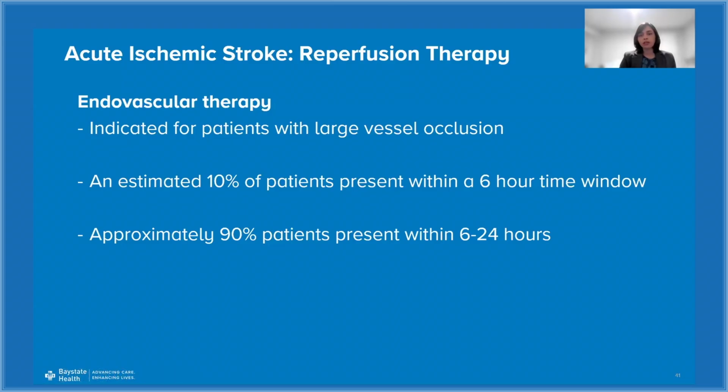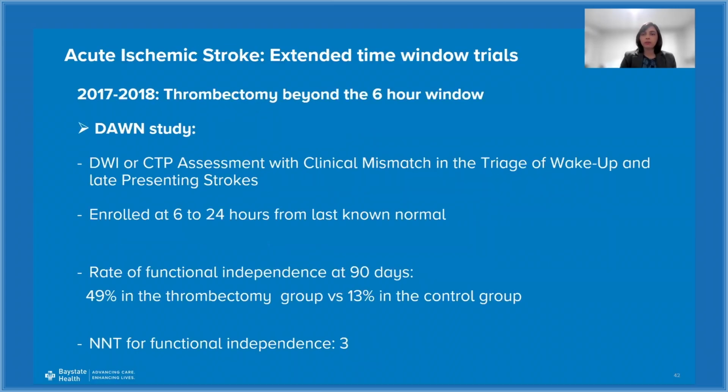And that's when researchers started looking at extended window trials. And that means, can something be done in this subset of patients where they are past the 6-hour window, but still within the 24-hour window?